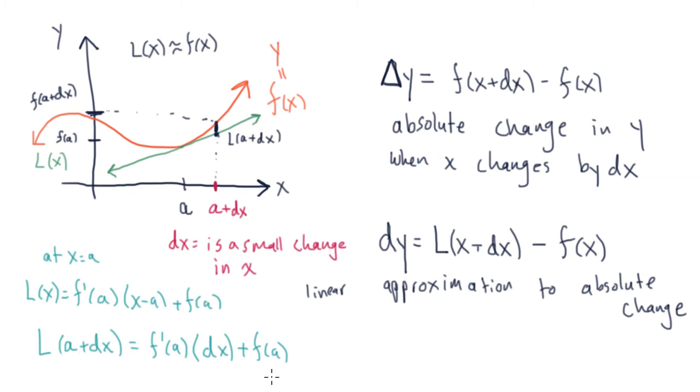So what I see is if I subtract off f of x, then that kills this part, and we see that this linear approximation to the absolute change really is just f prime of x times dx.